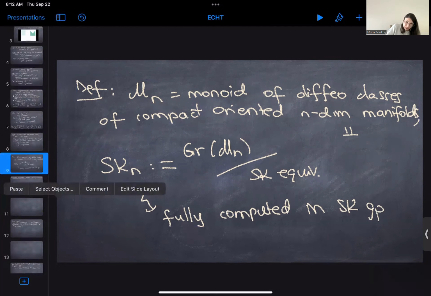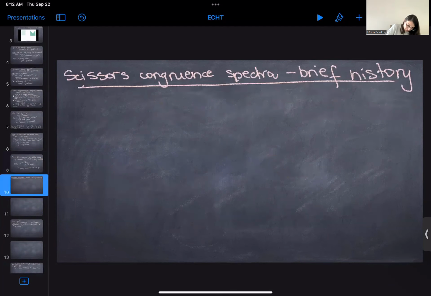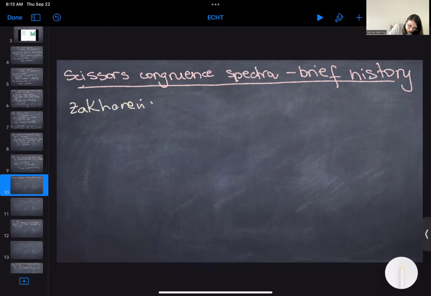Okay, so we have these groups. Now let me switch gears. Of course, we're homotopy theorists, so what we want to do with this is really lift it to spectra. Let me give you a brief history of the study of scissors congruence spectra. This started with work of Zakharevich, Inna, in her thesis and subsequent papers.